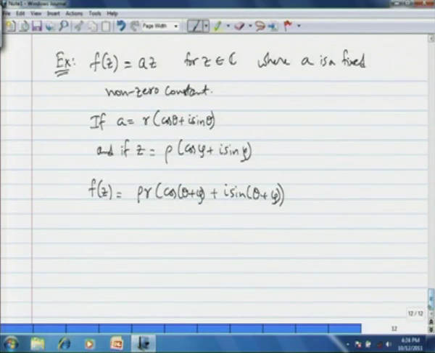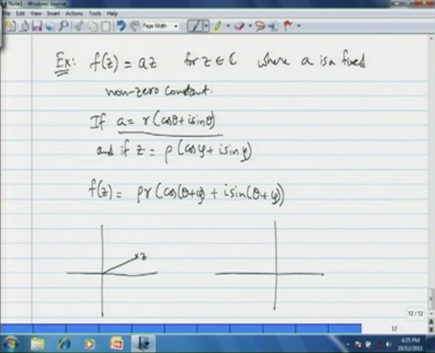So, what this function does is that if we take a complex number z any place, it has a certain modulus, and a is a complex number with modulus r.